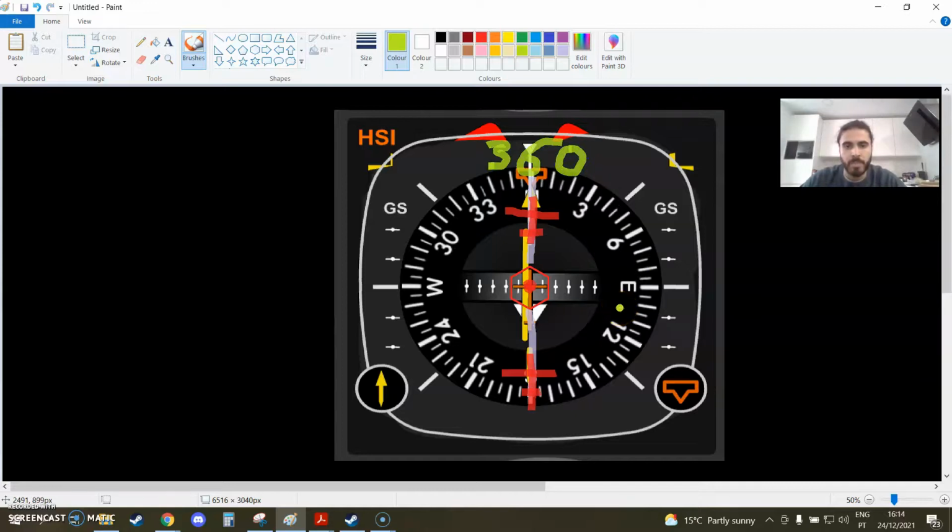And basically this is the core information on how we interpret the HSI.